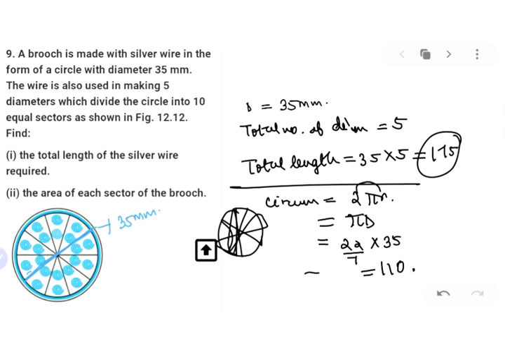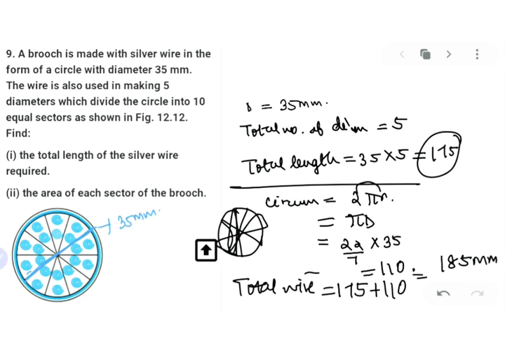So the total wire will be 175 plus 110. Am I correct with this? Yes. So the total length of silver wire we got is 185 millimeter.